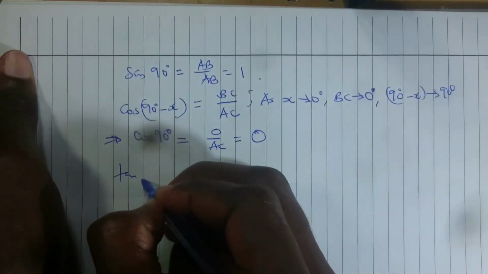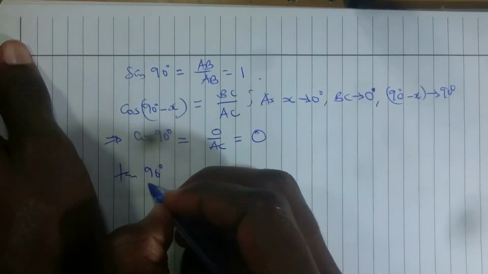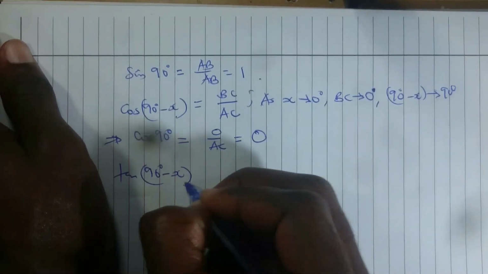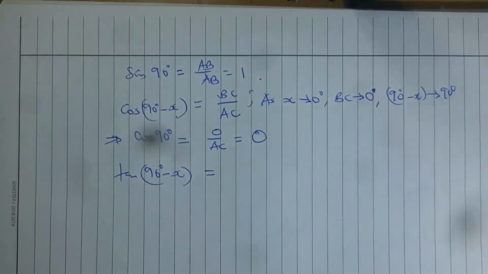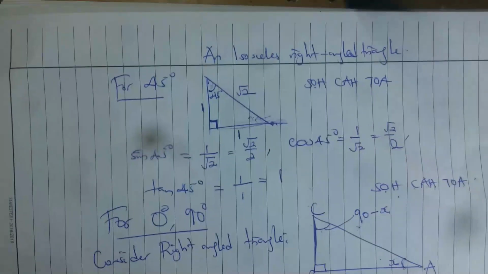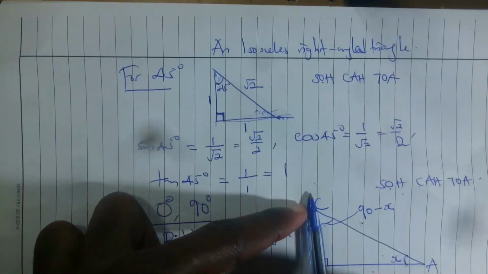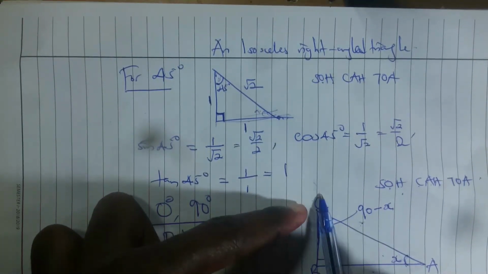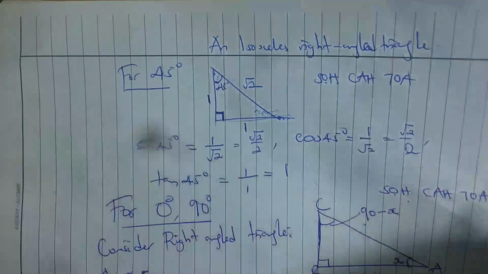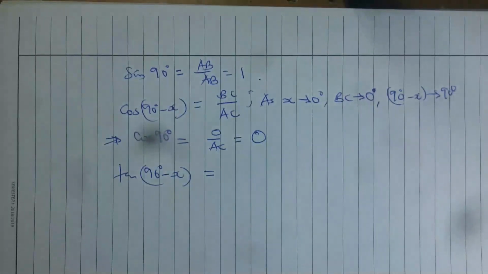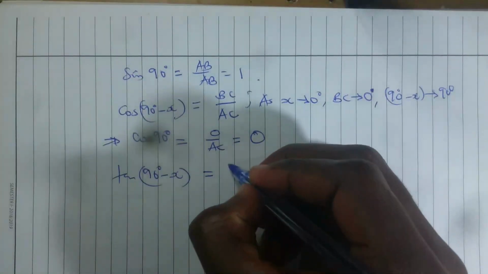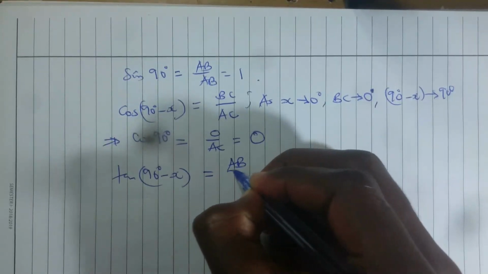Now we check on tan, tan of 90 minus x degrees. So same as opposite out of adjacent. We have the angle here. Opposite will be this, adjacent will be that. So AB out of BC, that's tan, opposite out of adjacent.